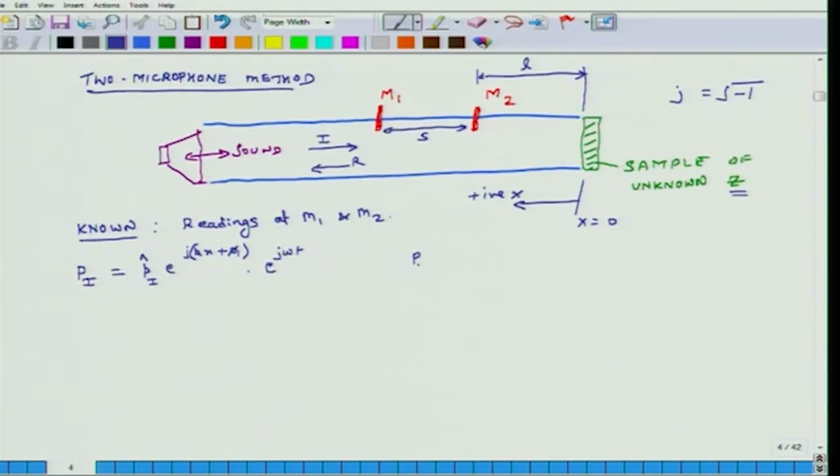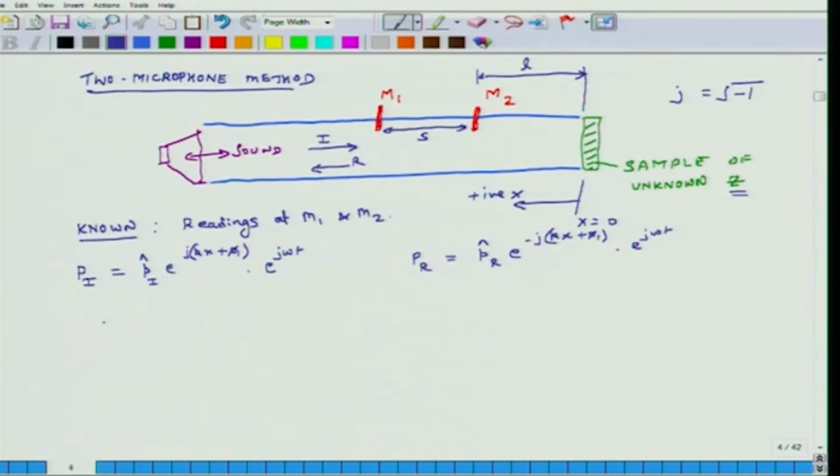And my reflected wave, so Pi is a function of x as well as t, and similarly Pr is a function of the same. So this is again some number Pr hat e to the power of minus j (kx plus phi1) times e to the power of j omega t.